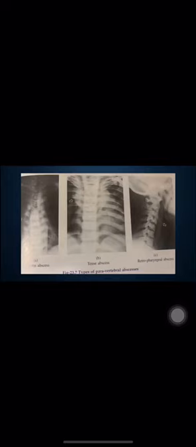The care of the spine is to be given properly. For the acute phase, the patient has to be on complete bed rest. In case of adults, there should be complete bed rest. In case of children, we have to put them in a cast, which is like an immobilizer, so that the child can't move.